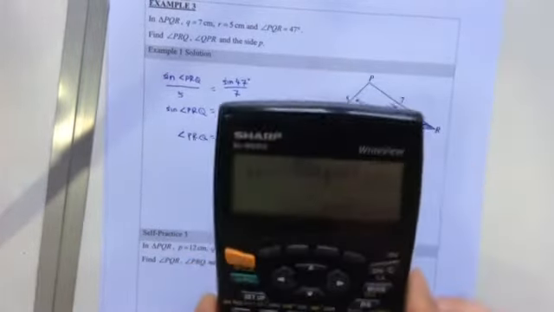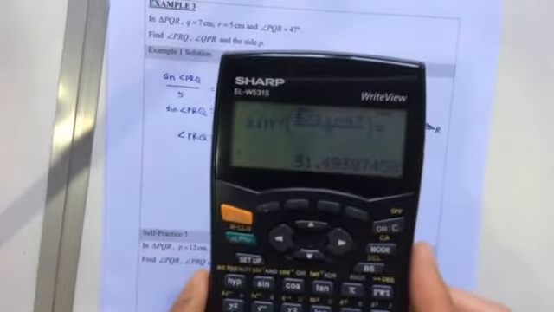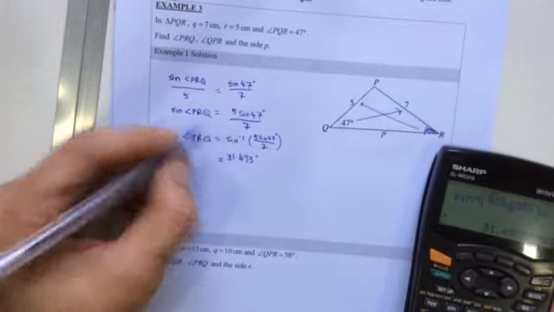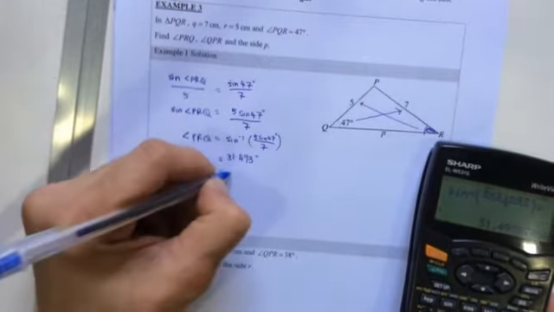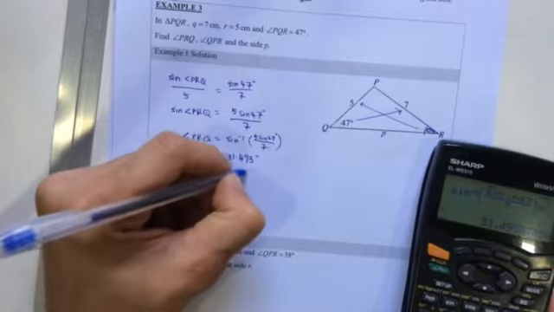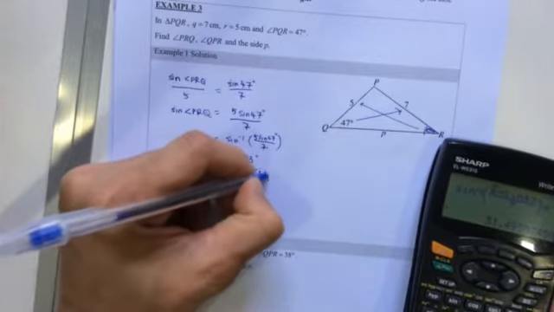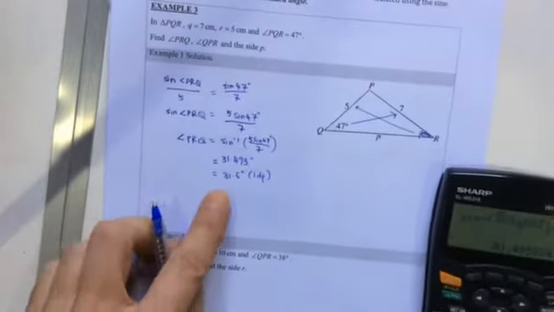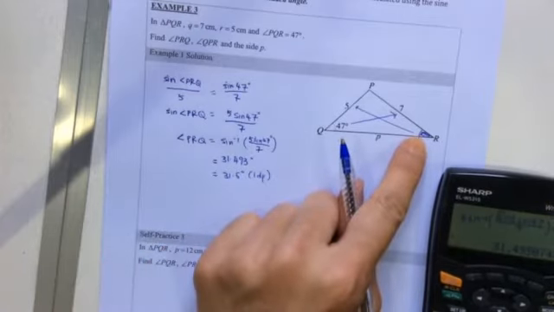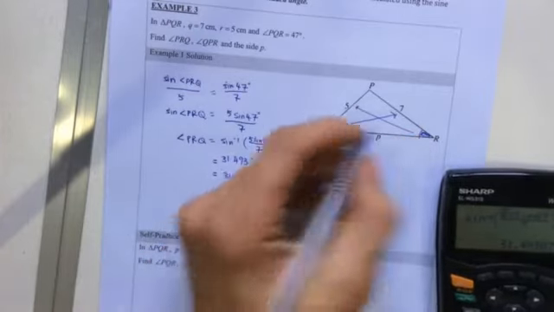So I have 31.493 degrees. For angles, our final answer will be in 1 decimal place, so 31.5 degrees to 1 dp. But when we label the answer here, it will be 31.493.